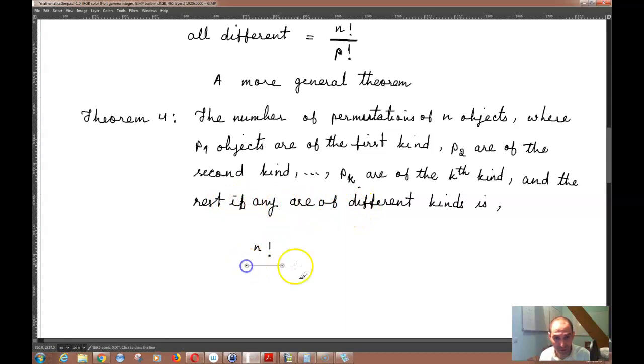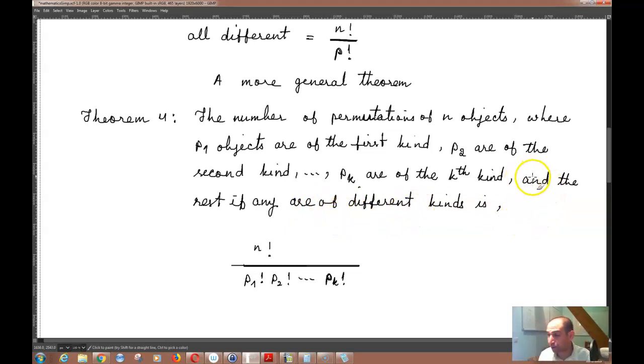That would be n factorial over p1 factorial times p2 factorial, all the way up to p k factorial. So that's basically what we have seen so far in our examples.